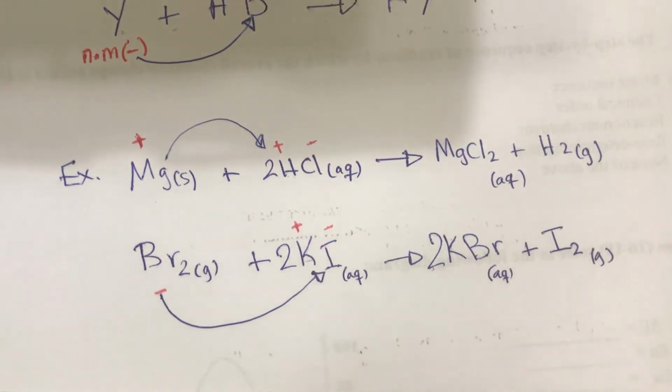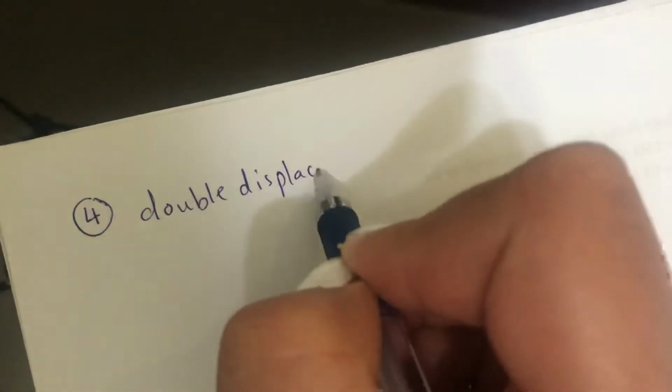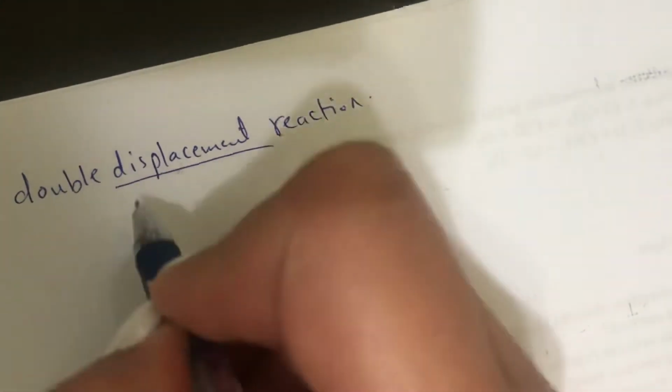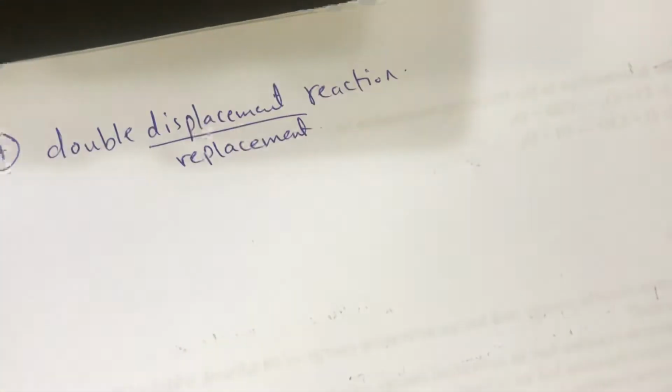Now, the fourth type of chemical reactions is double displacement reaction. Again, displacement means replacement.